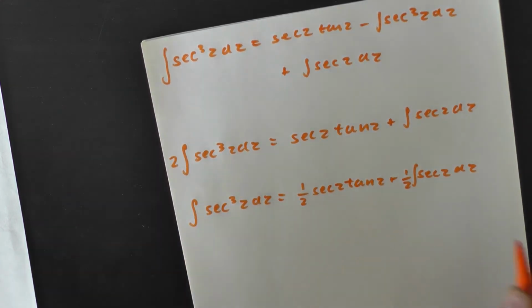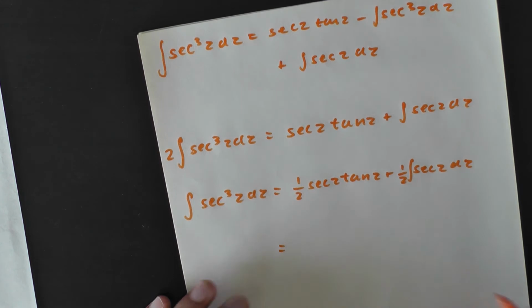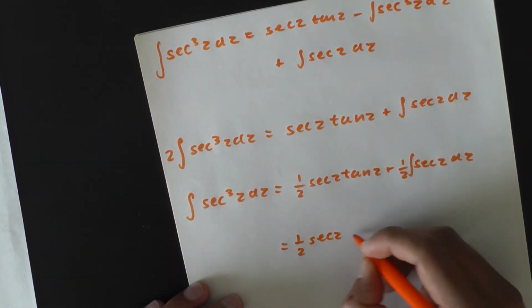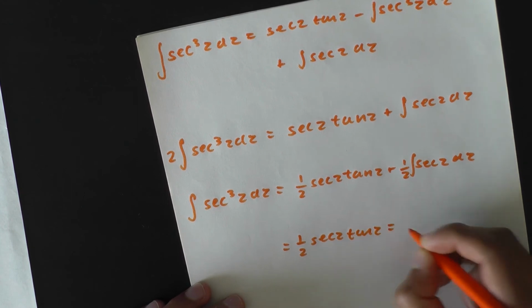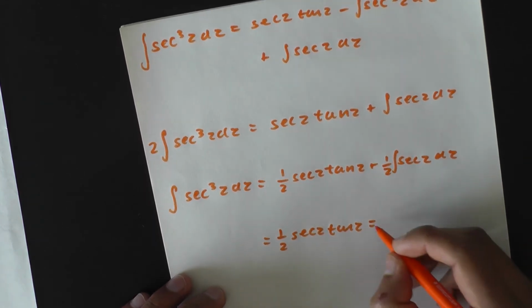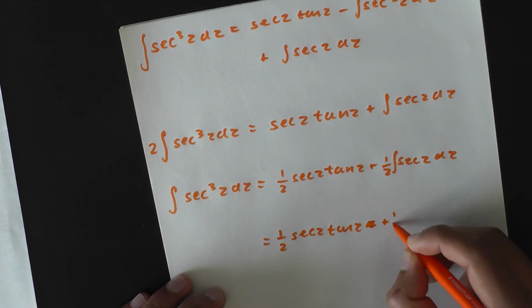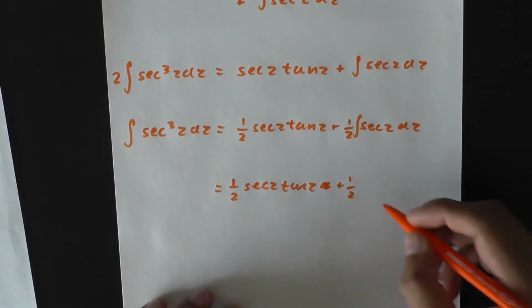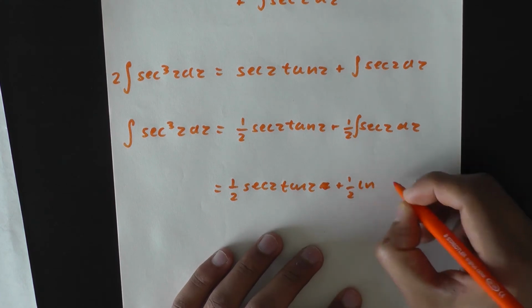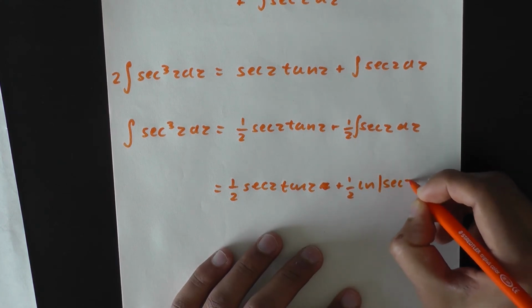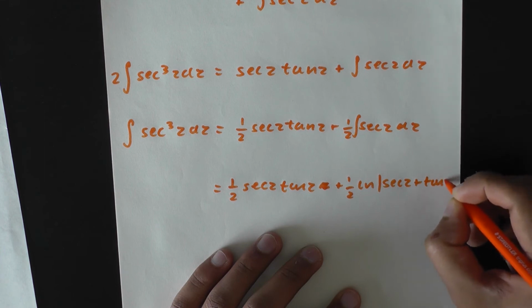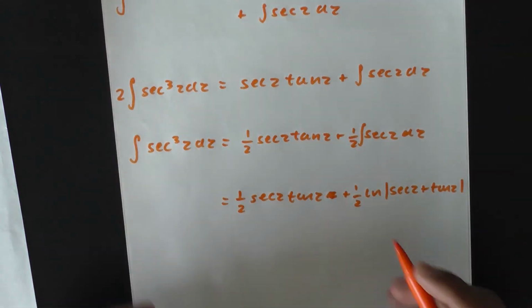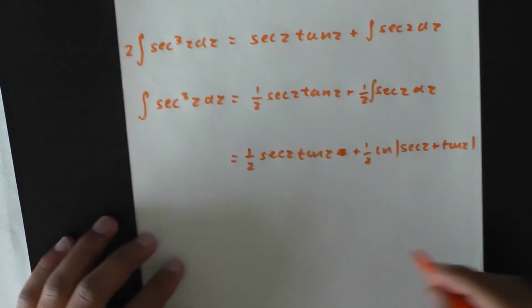Okay, alright, now we can simply integrate this, and what it's going to look like is just this, half sec z tan z, plus half, we use the simple standard formula for this, which is ln of sec z plus tan z, and we've integrated it. Now all we need to do is sub in the bounds.